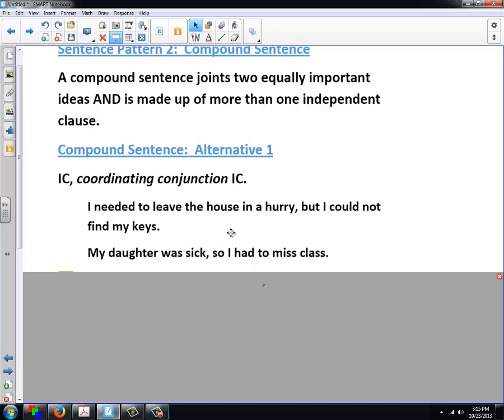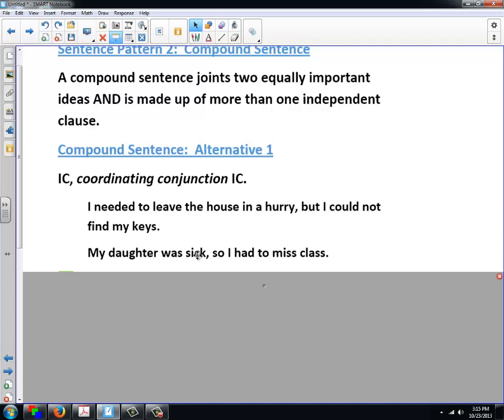It's important that I leave the house in a hurry, but it's also important that I find my keys, because then I can't leave the house in a hurry without them. It's extremely important to me that my daughter was sick, but I also really wanted to miss class. The idea with a compound sentence is you're taking two equally important ideas and finding a way to put them together. Otherwise, your sentences would all read this way.